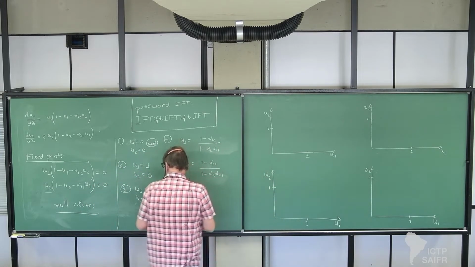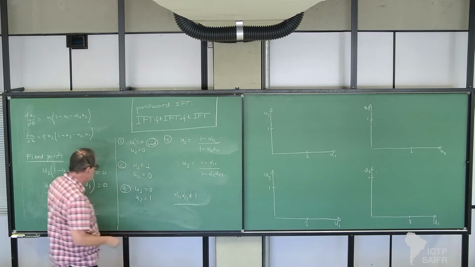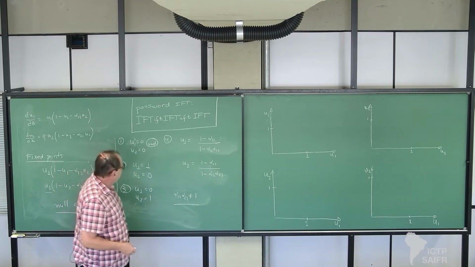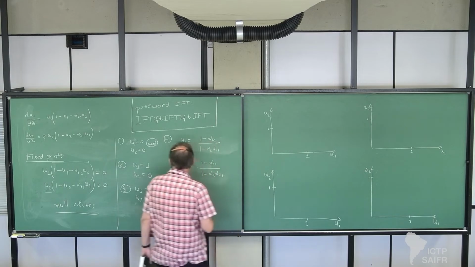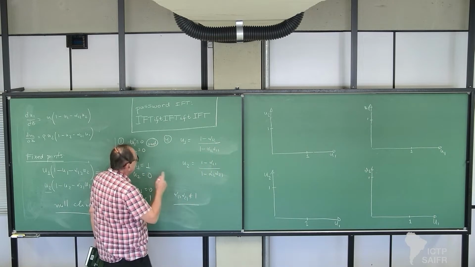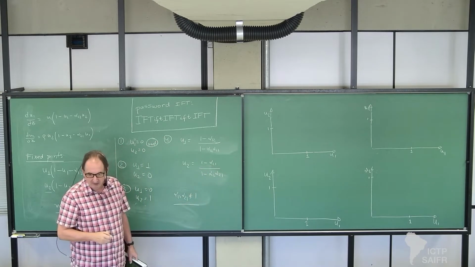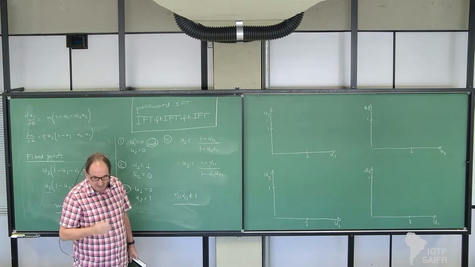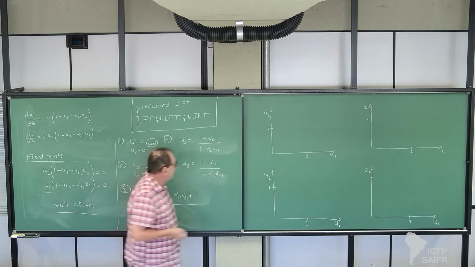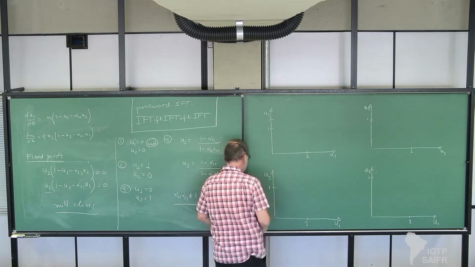So everything will depend on whether alpha 1,2 or alpha 2,1 are bigger or smaller than 1. So let's start with this case here.